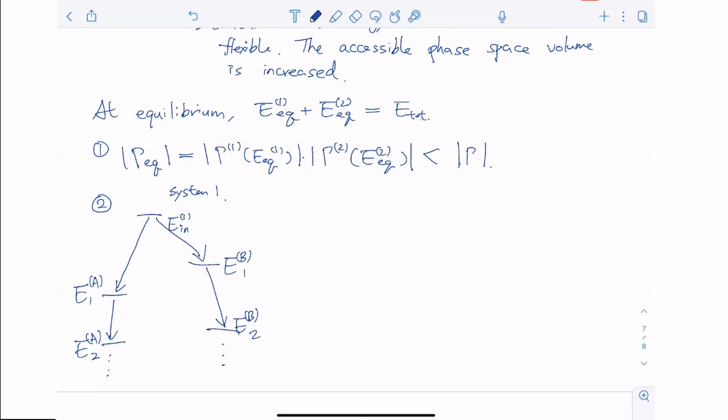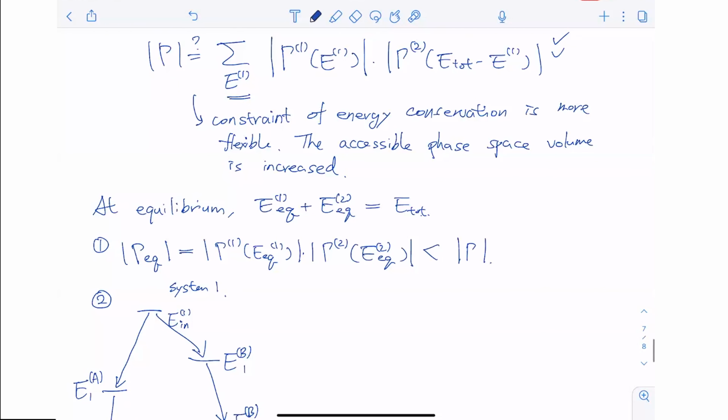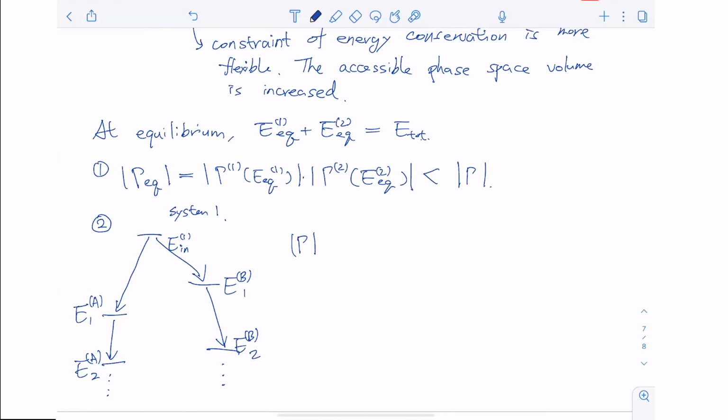When we take this summation, the first challenge we face is: does this phase space volume depend on how the system decays into the equilibrium configuration, or on the path of energy that it chooses? It seems like the definition of this gamma would depend on the path of energy, which is something that we don't want.